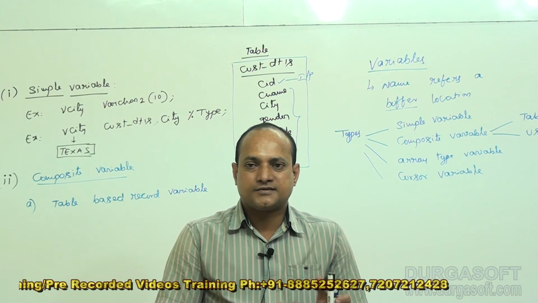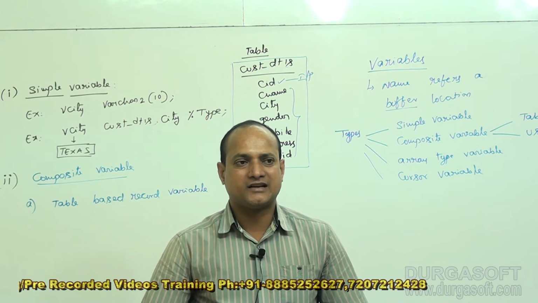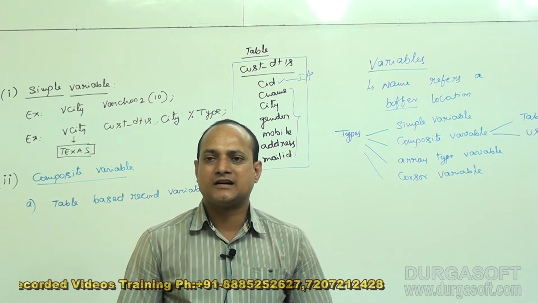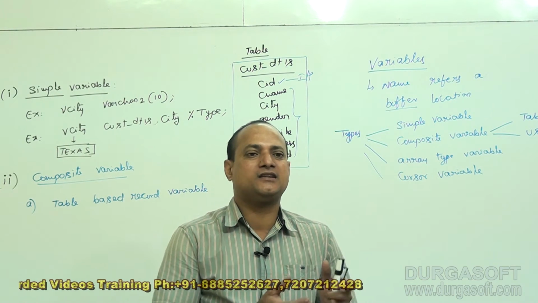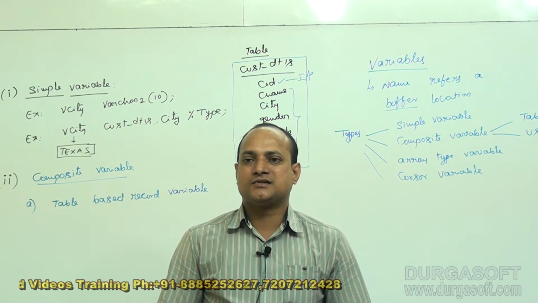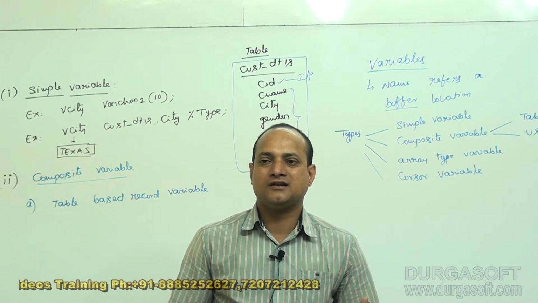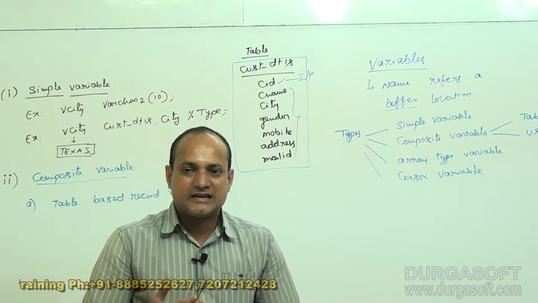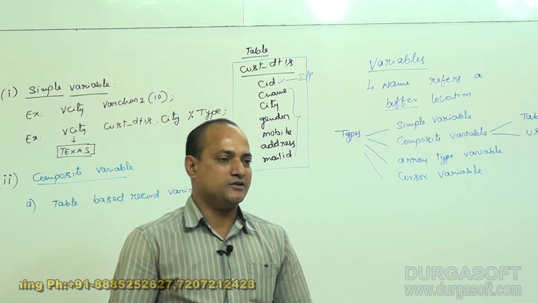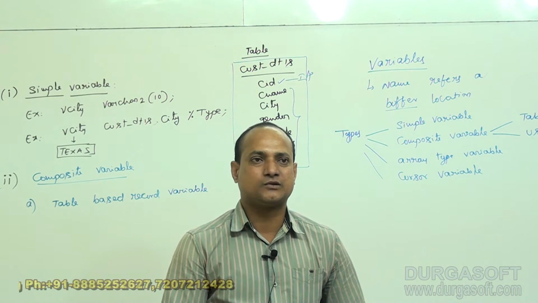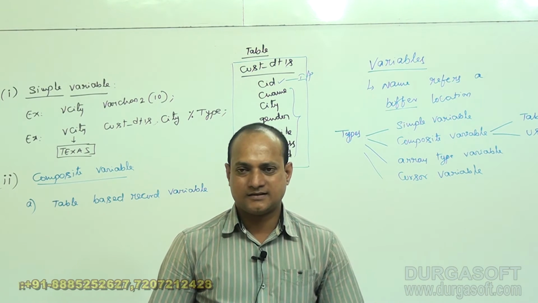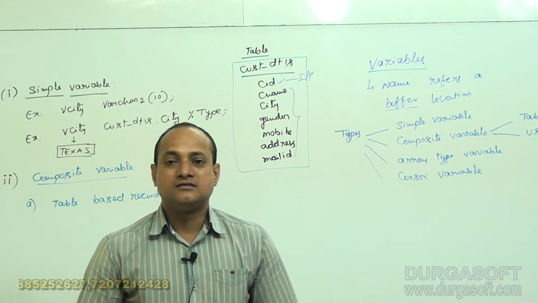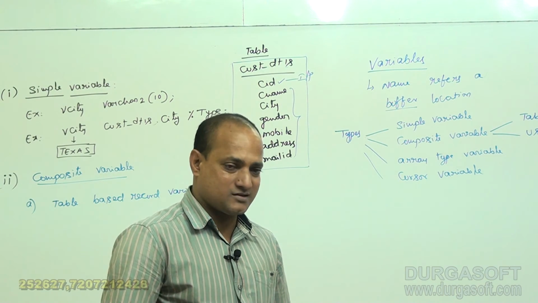It will increase the length of the coding of your program. 10 lines of statements, execution time 1 second; 100 lines of coding automatically take 10 seconds. So if it is 1000 lines of coding, it will take more time to execute. How can I decrease the number of variable declarations? I want to decrease the length of the coding. By using composite variables, you can decrease the number of variable declarations.